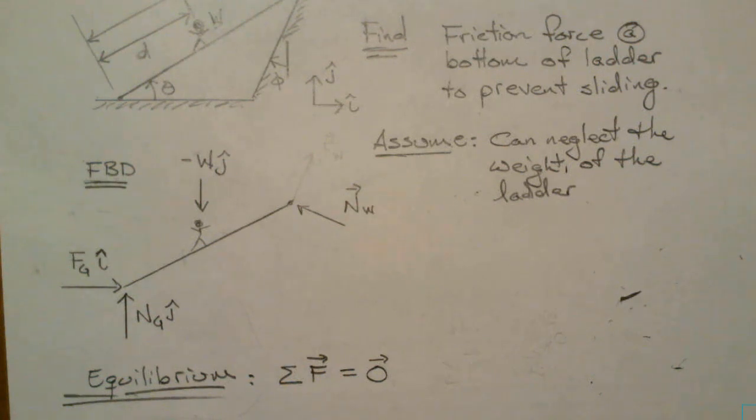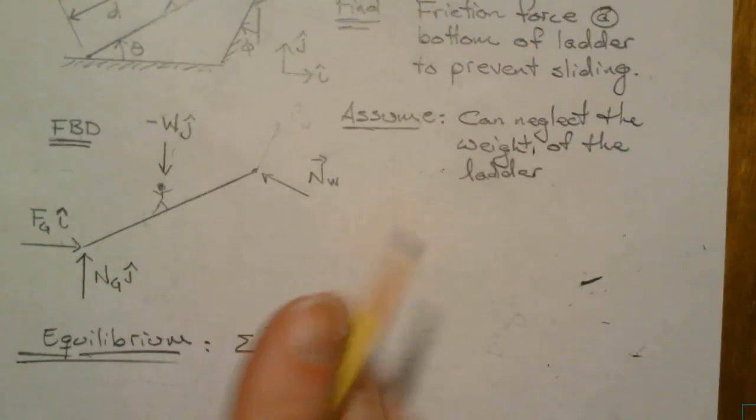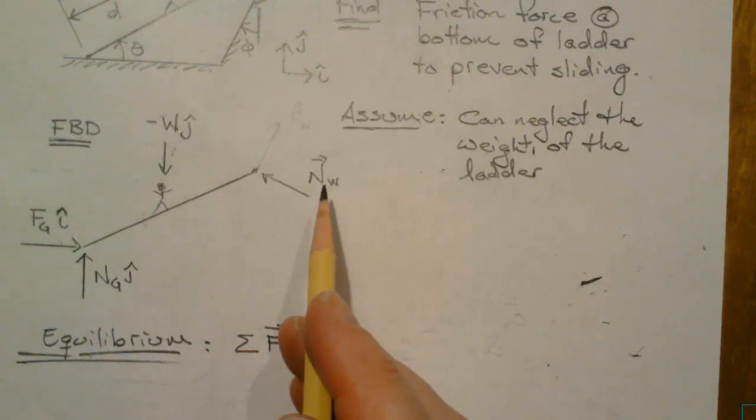So in order to sum all the forces in the horizontal direction, set those equal to 0, and do the same with the vertical direction, we're going to have to write all of our vectors into horizontal and vertical components. Again, the 3 on the left are already done for us. This one, we're going to have to think about.